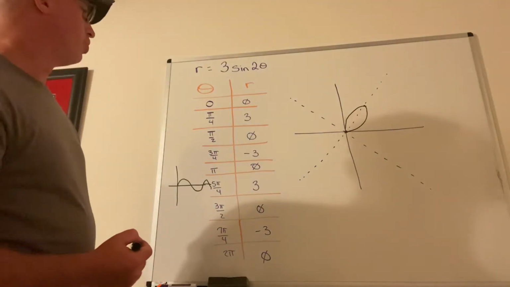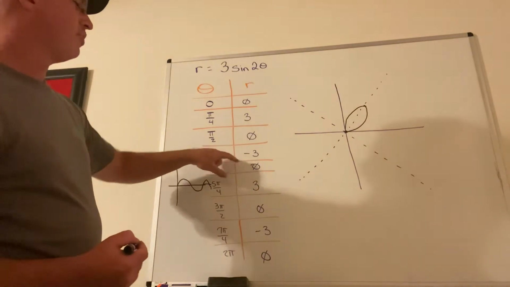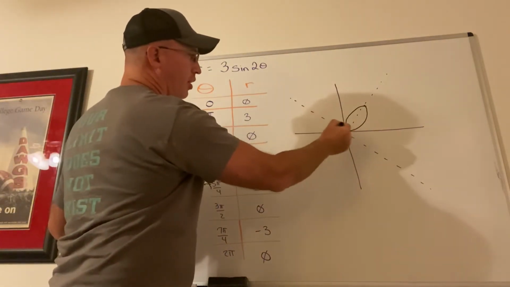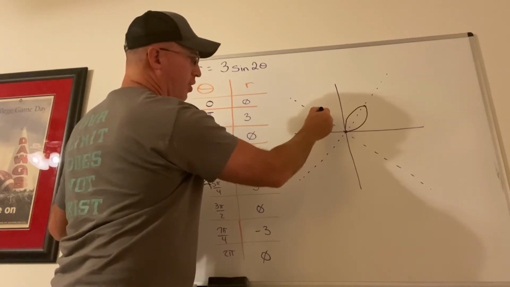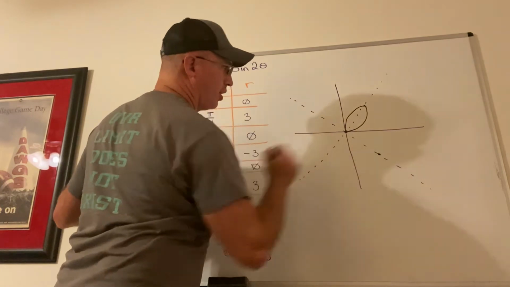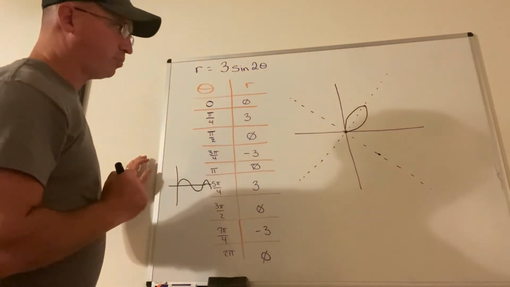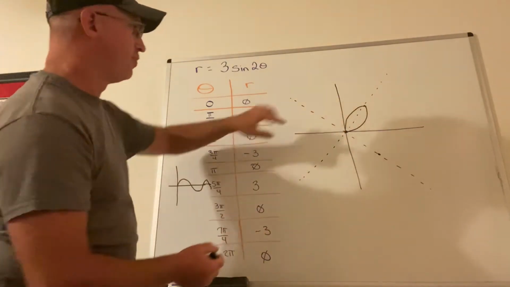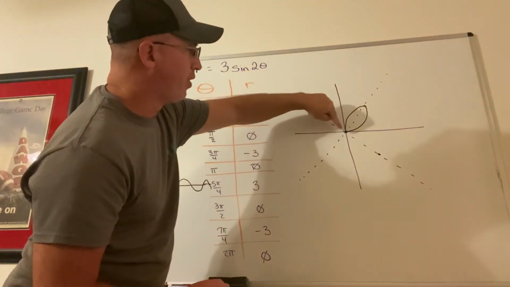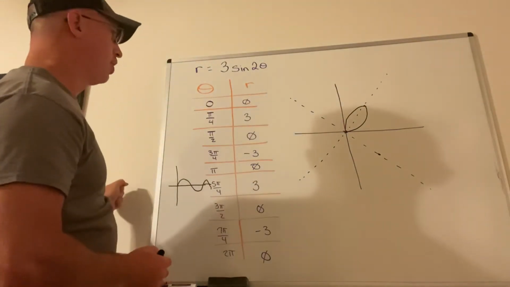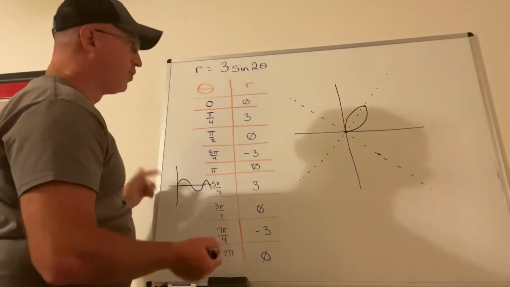So 3 pi over 4, -3. Well, this is 3 pi over 4, and that would have been positive 3. But since it's negative, I've got to go the other way. So that point's right there. Now, if I was making my arc and it was positive, this area right here would be the angles in between pi over 2 and 3 pi over 4. Well, all of those are negative, right?